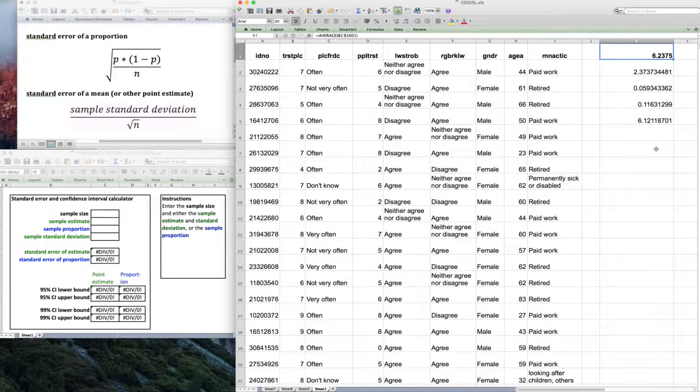To construct a confidence interval, we want to know what the value in the population is likely to be, and we do that by taking effectively 2 standard errors above and below the point estimate, which gives us a 95% confidence interval.